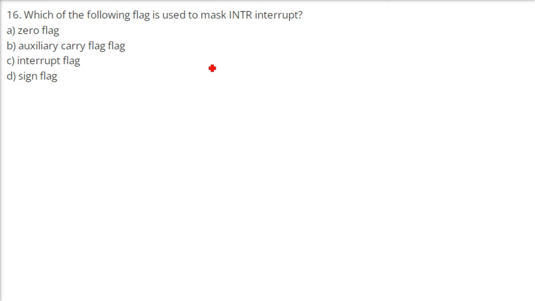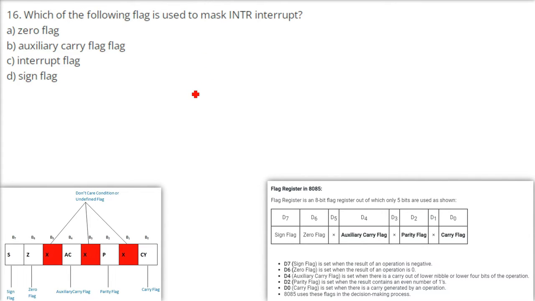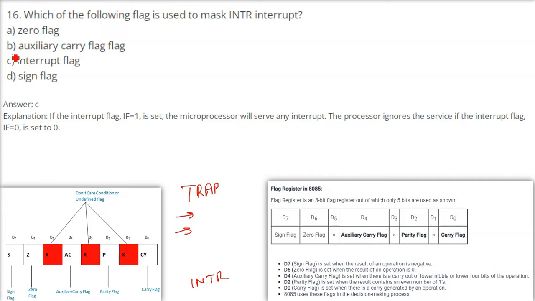Which of the following flags is used to mask INTR interrupt? Okay. So when we talk about the other aspect, when we talk about different flags, trap has the highest priority, and then we have INTR, the lowest one. We talk about flags when there are certain operations on the ALU. But whenever we talk about the interrupt, there is an interrupt flag.